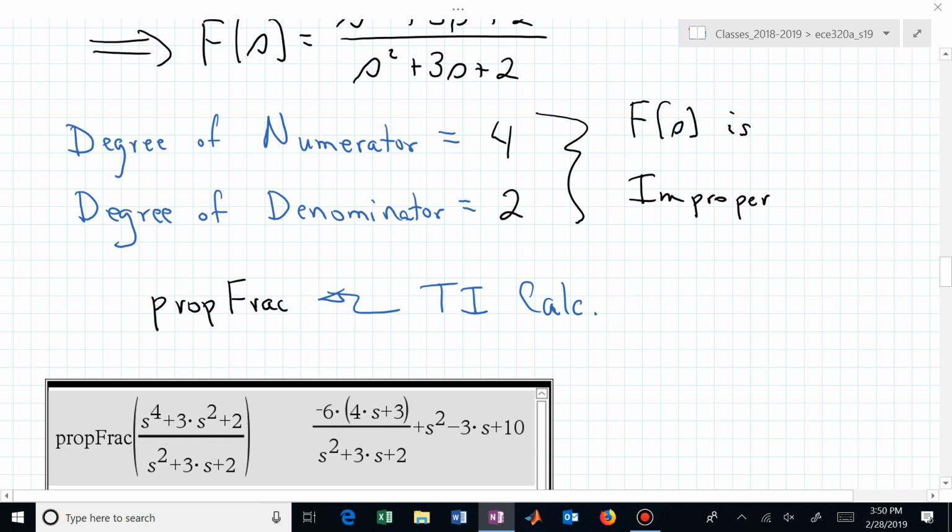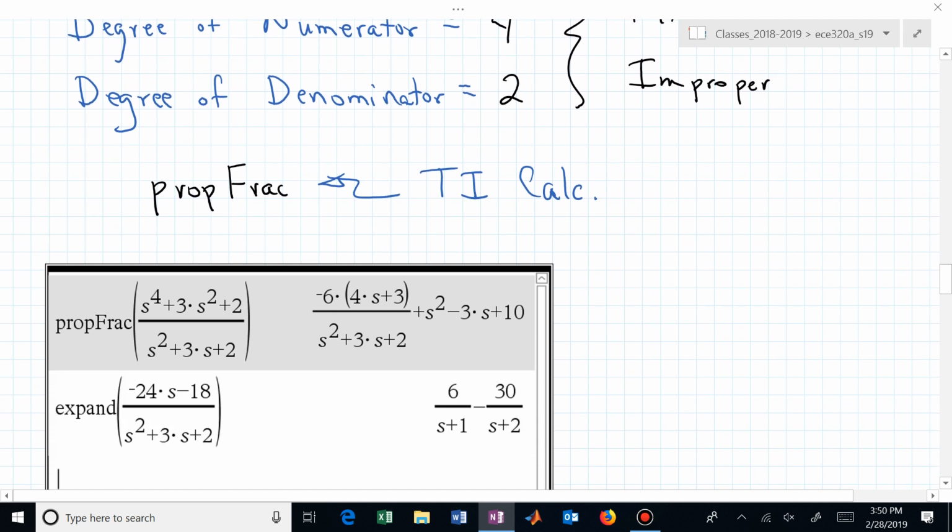And if you wanted to, you could then say, I actually need to find the partial fraction expansion. Well, if you have real roots in the denominator, this expand command works magic. It does the partial fraction expansion for you. Just saying.